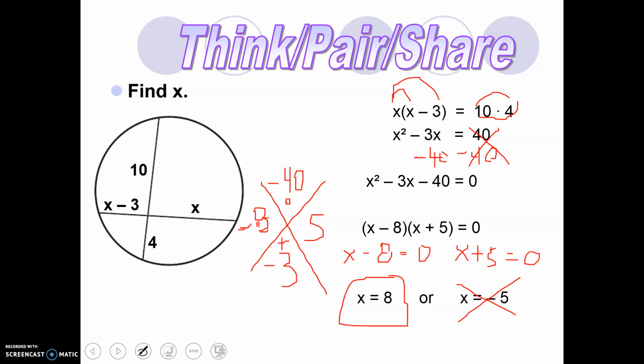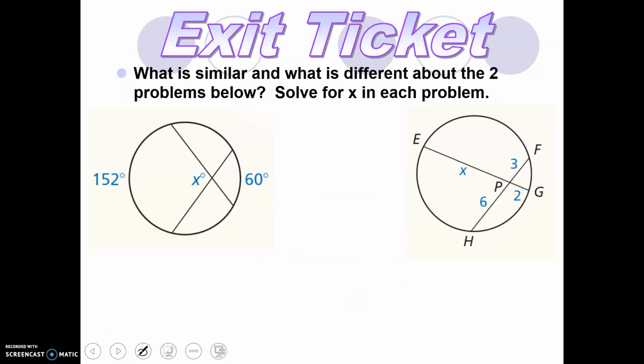All right, we are almost done here. We're going to have our virtual exit ticket, and you guys can go about your day and enjoy this rainy weather. So for this final problem, we're going to compare a theorem that you learned in chapter 10.5 that involved chords, but it involved finding the angles inside of a circle.